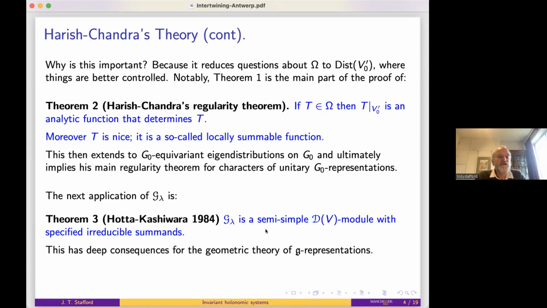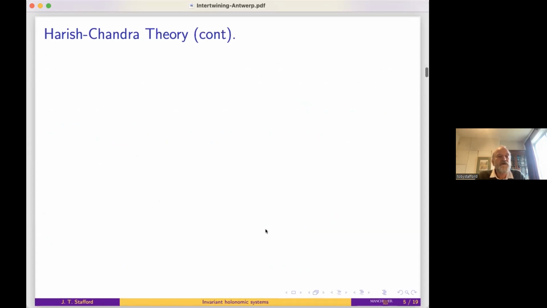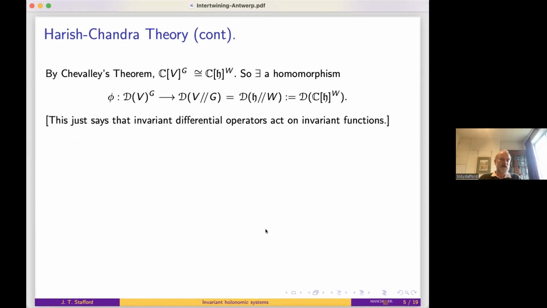So then the third result I want to talk about in terms of these G lambdas at this level is results and ideas of Wallach. Again, we have the Chevalley isomorphism, which appeared a bit earlier. We now think of it as saying that the G-invariant functions on V are the same as W-invariant functions on H, the Cartan subalgebra.